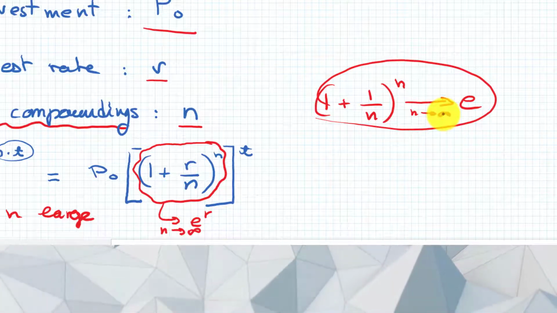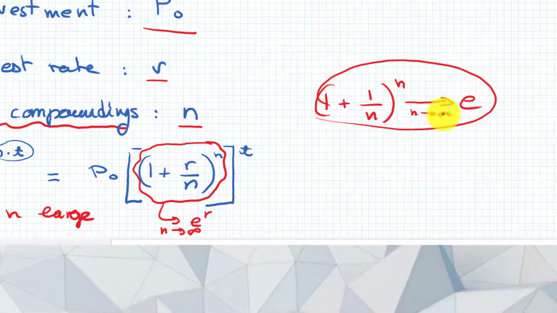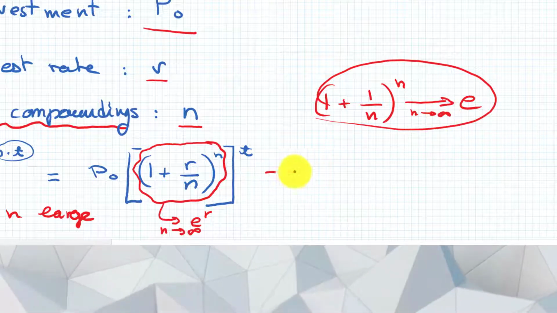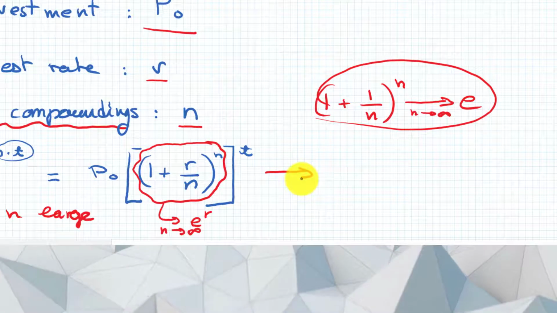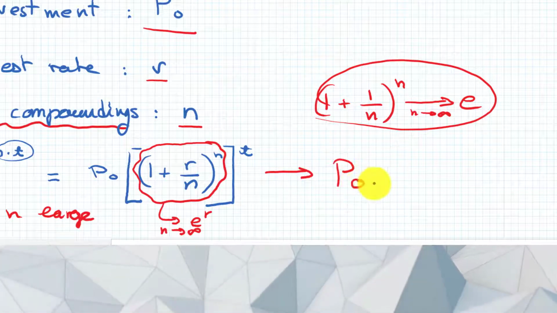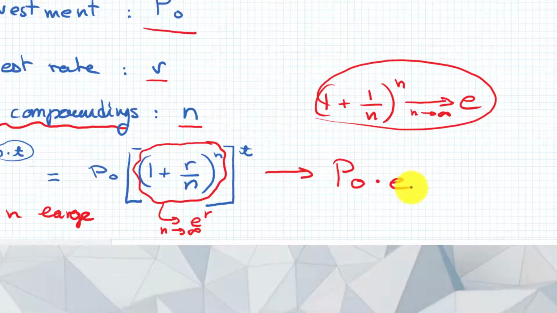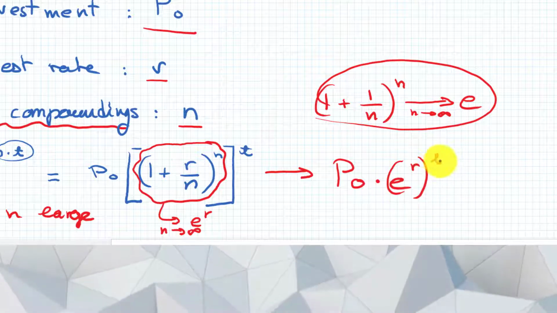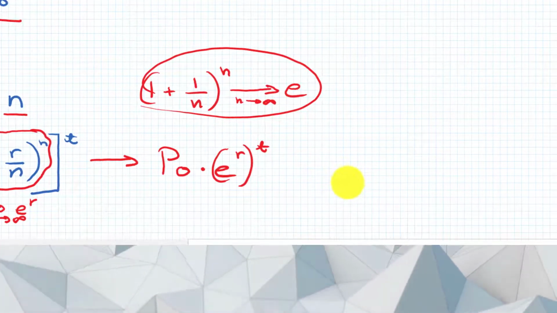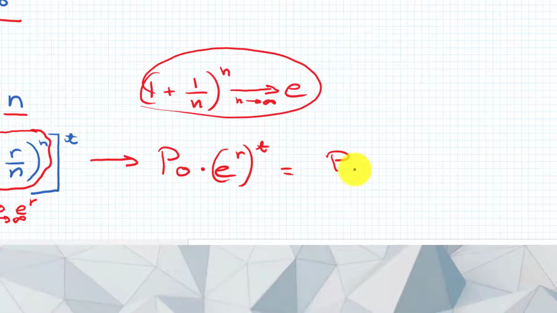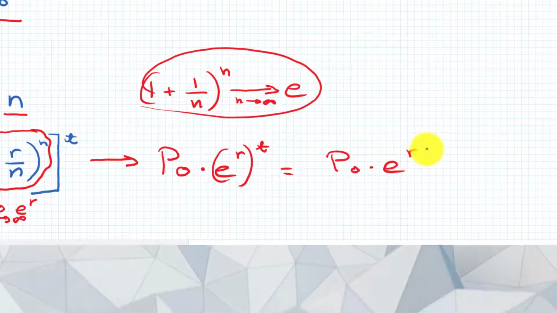Remember, we took n very large to see e appearing. So this formula, if n grows very large, will go towards P0 times e^r to the power of t. This is not how we normally write it. We write it as P0 times e^(rt).